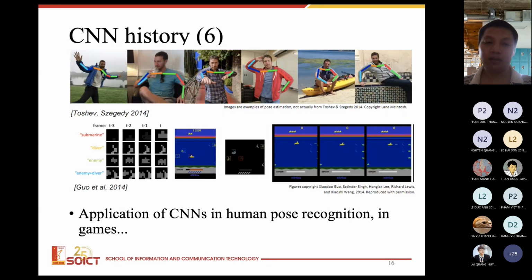So you also see the CNN in almost every model for images. Here we use the CNN for pose prediction, right?